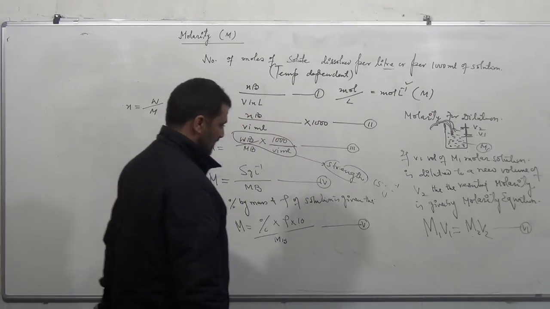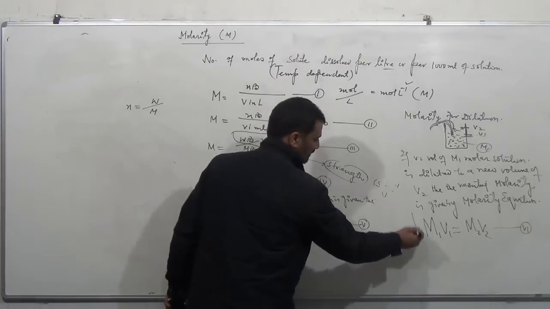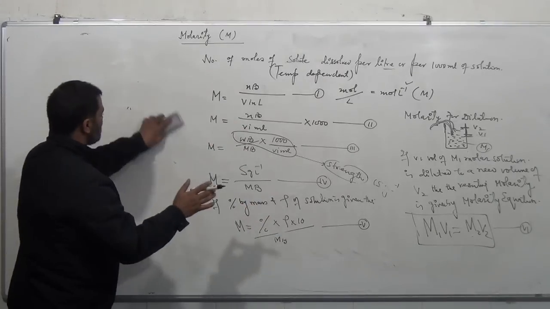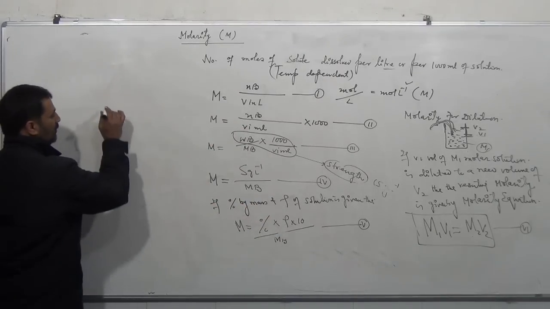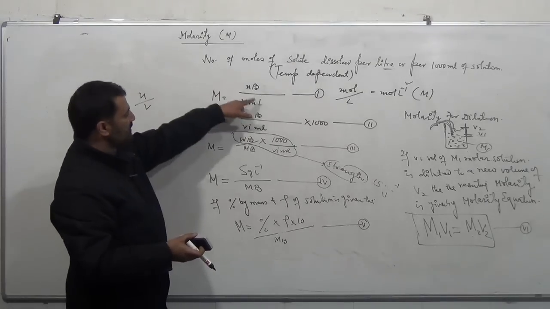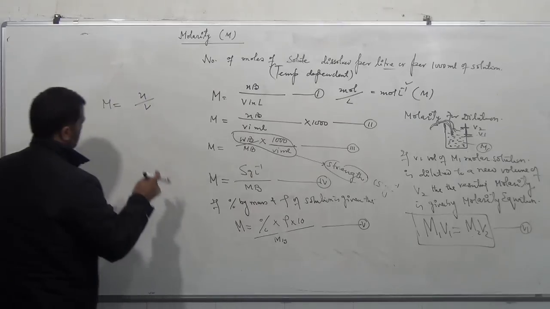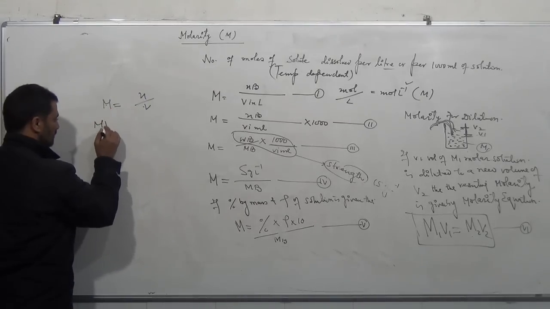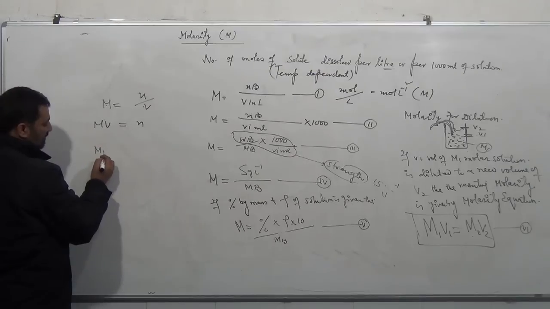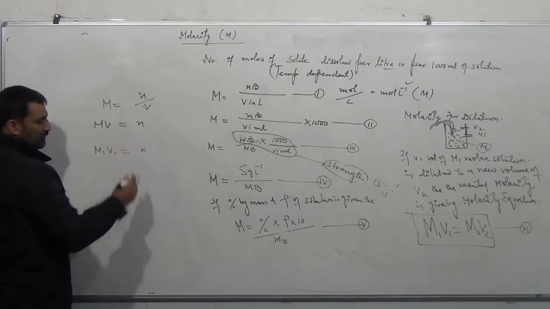Why is M1 V1 equal to M2 V2? As you know, molarity is number of moles divided by volume, so MV is equal to n. If molarity is M1 and volume is V1, that gives the number of moles.